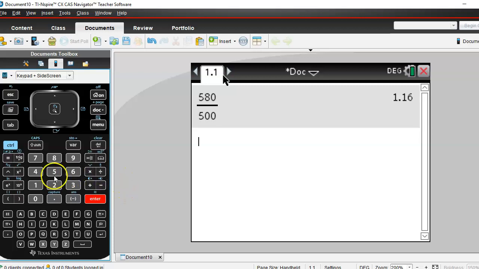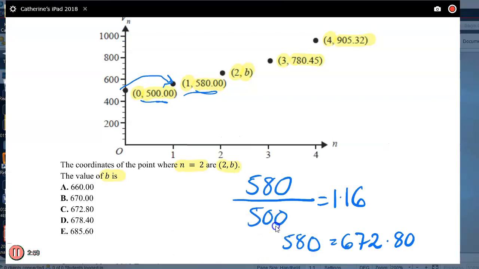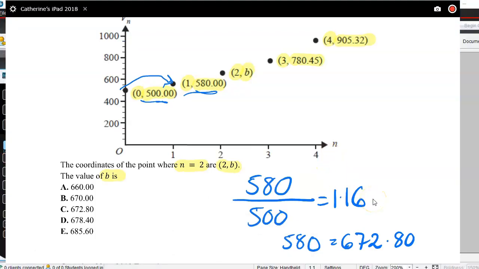So if I times 580 by 1.16, I should get $672.80, or at least that's what it's closest to. So we can see that is C.